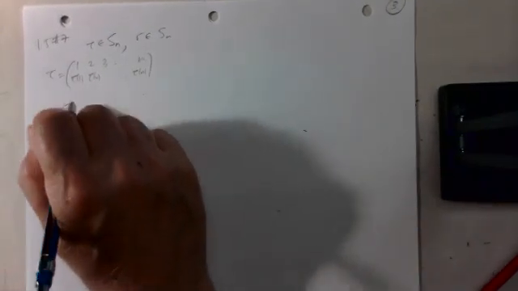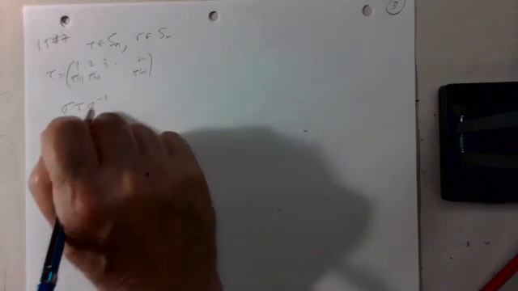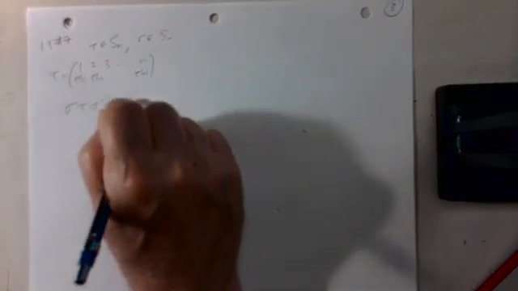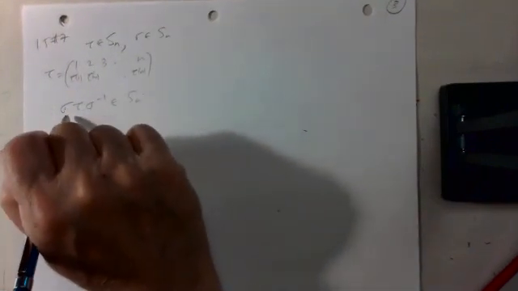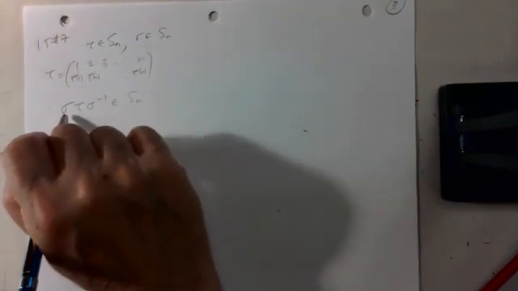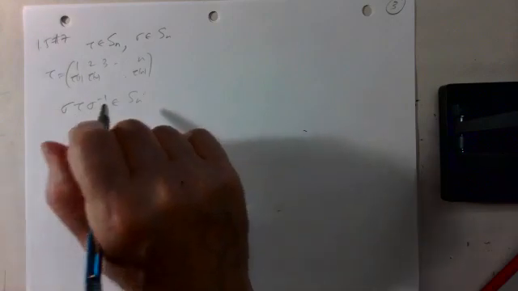And let's consider sigma tau sigma inverse. So this is a permutation in Sn, okay? How does this permutation behave? What does it do?